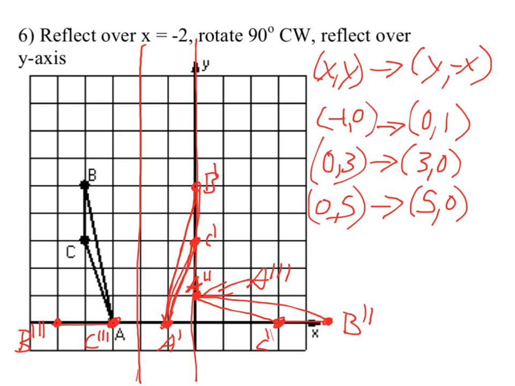Gives me my new figure, just like that. Ta-da! So this end result here is on the left side. And that's the whole entire front side. I'll stop the video there.